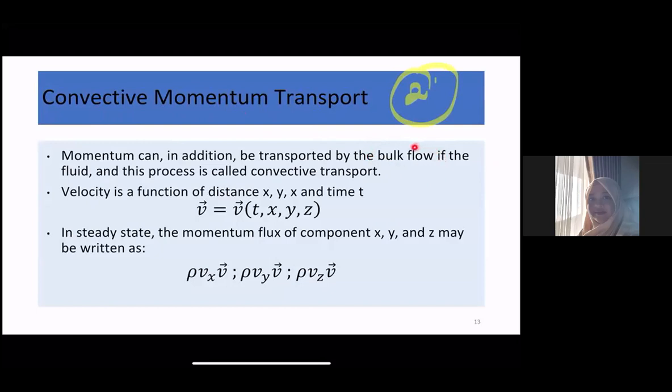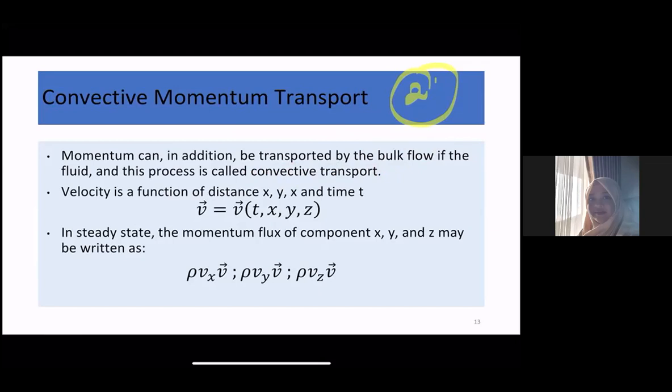That means when the fluid has a velocity, like in a river or in a pipe, the momentum can be transported by the bulk flow of the fluid. This is called convective transport. We need to consider this if the fluid that we're looking at is in motion, for example in a river, or moving inside pipelines.